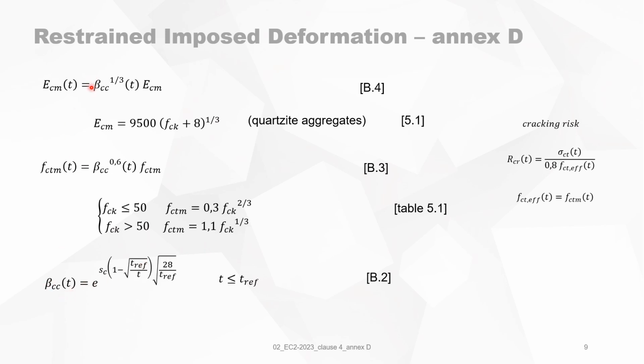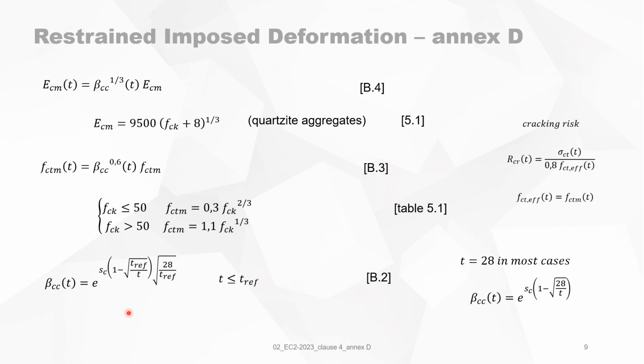And the beta cc factor is a function of time and Tref, and Tref is the reference time expressed in days where you define the concrete compressive strength. So in most cases, we define it at 28 days.